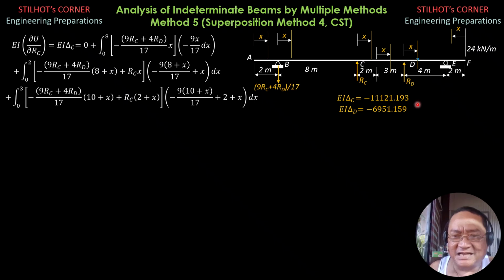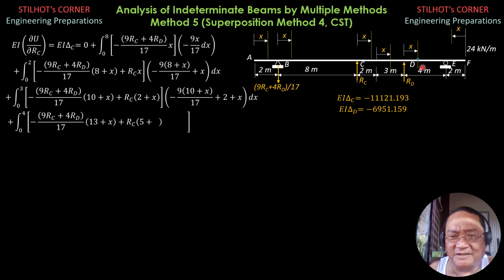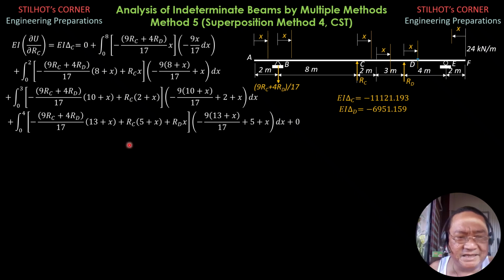Then in the next section, it's 0. So this will be the last section, the integral from 0 to 4 of quantity negative 9RC plus 4RD over 17 times quantity 13 plus x, plus RC times quantity 5 plus x, plus RD times x. The derivative of this moment equation with respect to RC is negative 9 times 13 plus x over 17 plus 5 plus x.